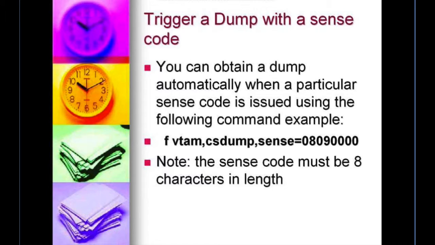To trigger a dump with a sense code, you can obtain the dump automatically when a particular sense code is issued using the following command example: F space VTAM, CSDUMP, sense equal 0809 0000. Note that sense codes with 8 characters are required.